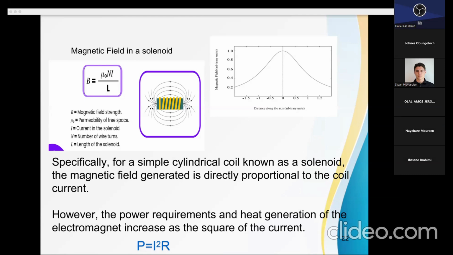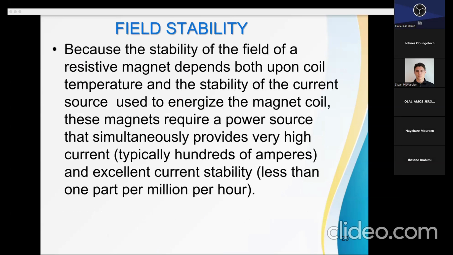The requirements for heat generation and power consumption increase, of course, as the square of the current. So however little current you put in there, when you square it, it becomes a relatively big number, and that can generate a lot of heat or need a lot of energy to drive the system.